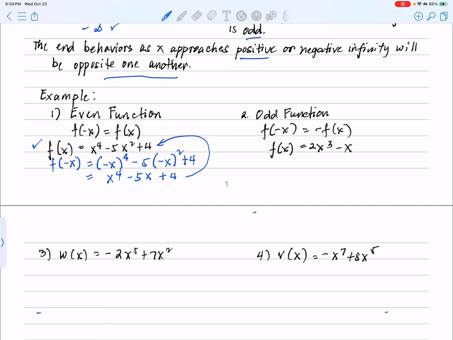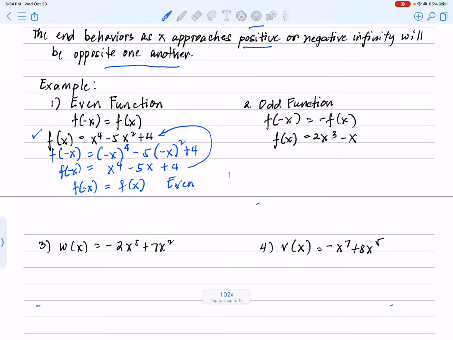So in other words, this is our f of negative x, and f of negative x is equal to the original function. If they are equal, then this is an even function.